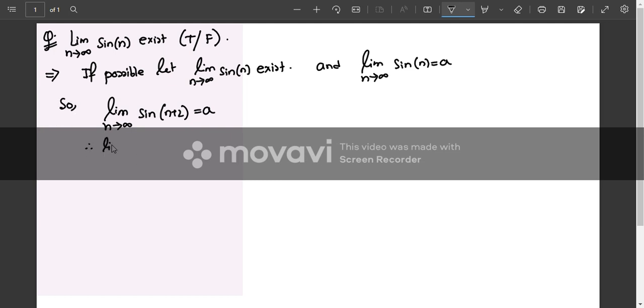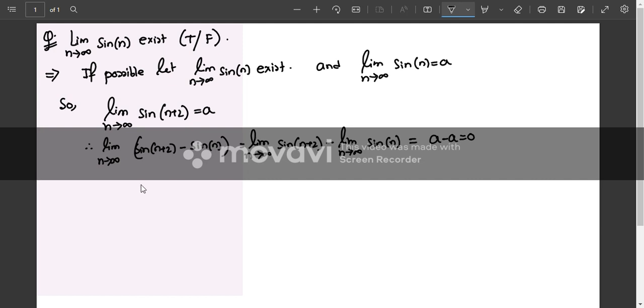Therefore, the limit of sin(n+2) minus sin n equals the limit of sin(n+2) minus the limit of sin n, that equals a minus a. So this is 0.